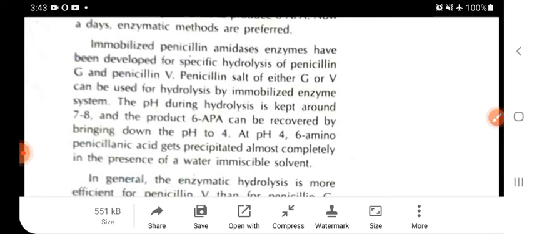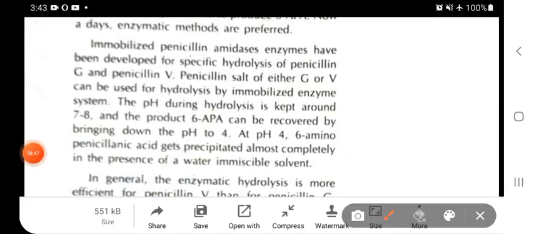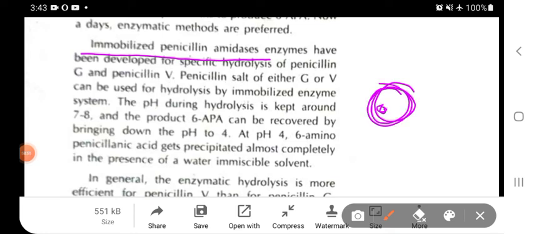Different methods are used for making semi-synthetic penicillins, like the immobilized penicillin amidase enzyme. That means the enzyme is encapsulated in a polymer layer, so its activity remains for a long time.